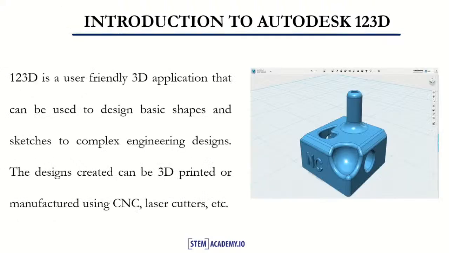The 123D design is a user-friendly 3D application that can be used to design basic shapes and sketches to complex engineering designs. The designs created using the 123D design can be 3D printed or manufactured using CNC, laser cutters, and other 3D printing tools. In the next video, we'll be heading straight to the 123D design interface.